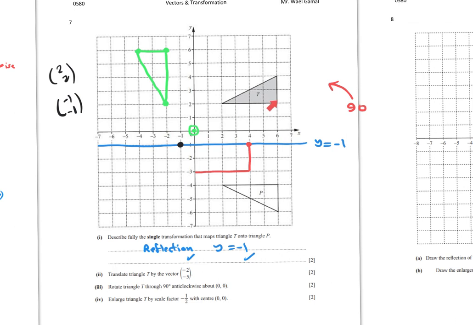By the same way, from the center of enlargement to this point, 6 to the right and 2 up. Multiply by -1/2. So -3 and -1. So 3 to the left and 1 down.